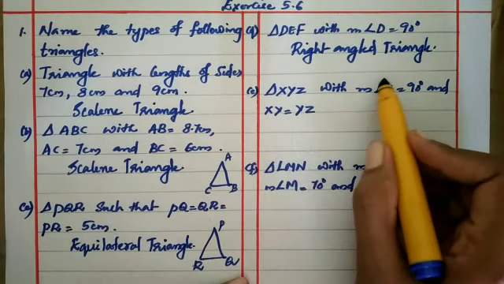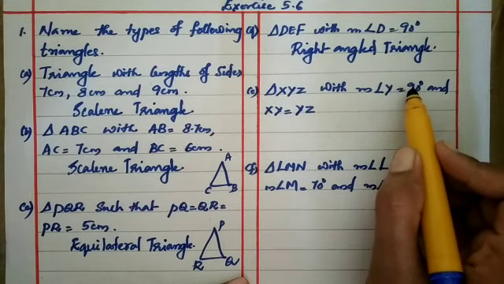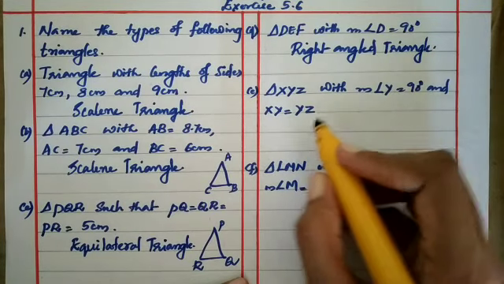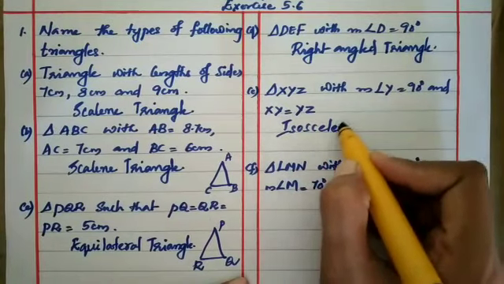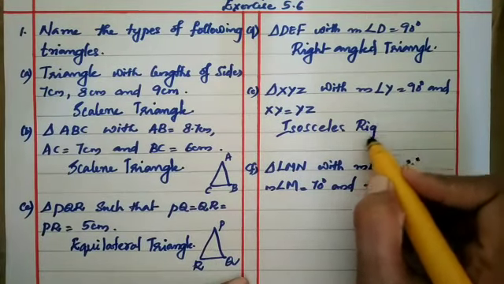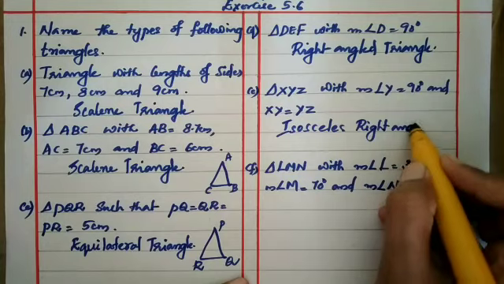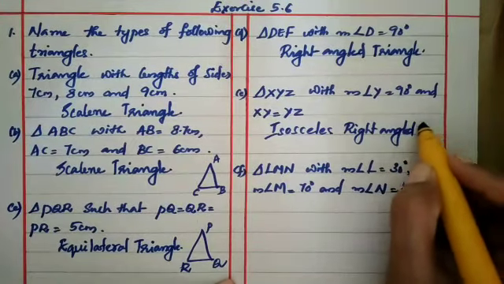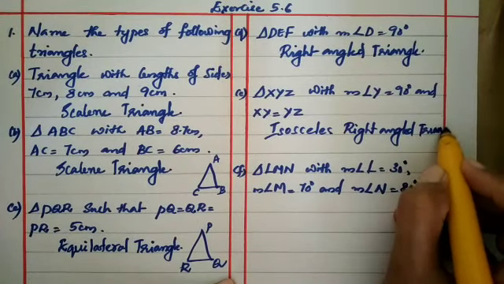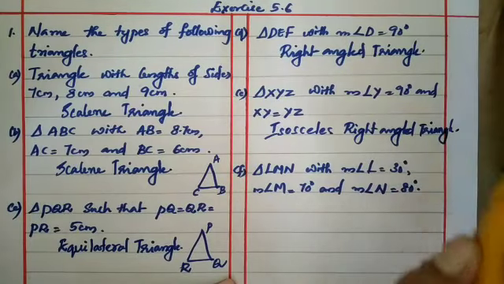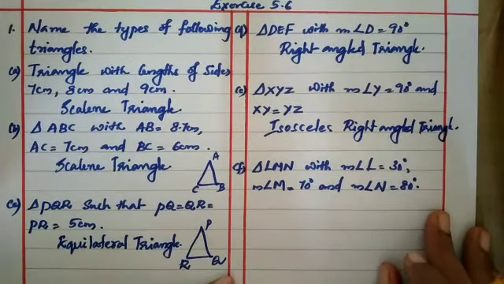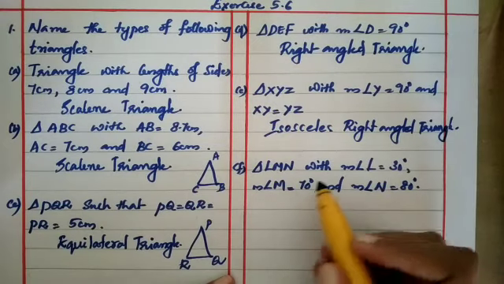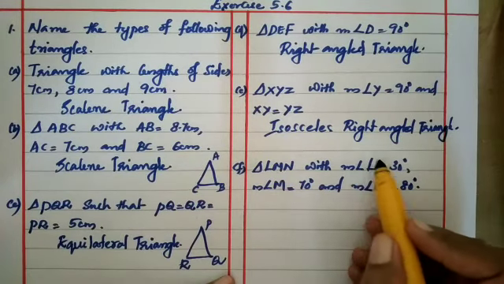One angle is 90 degrees and two sides are equal. So isosceles right angled triangle.